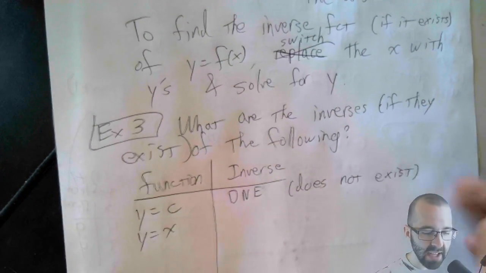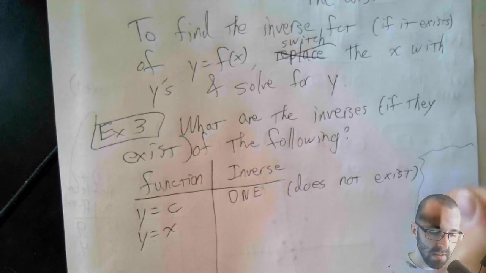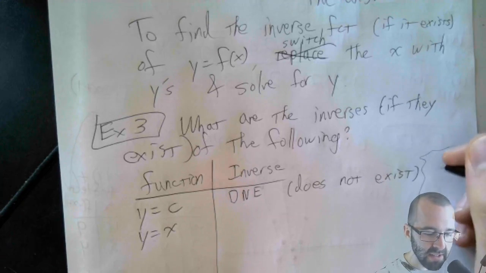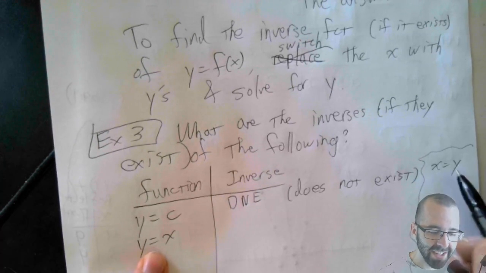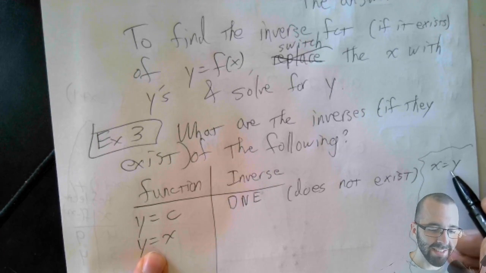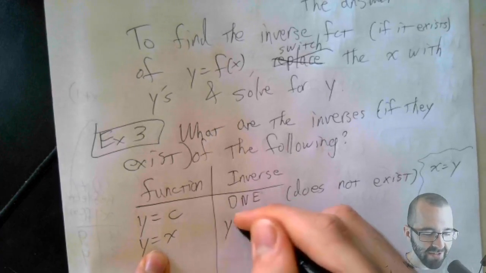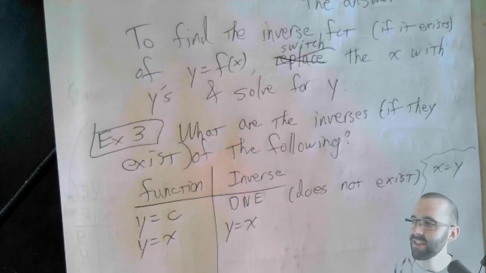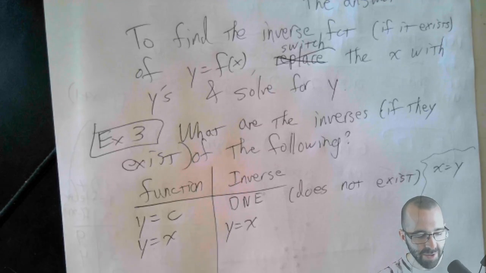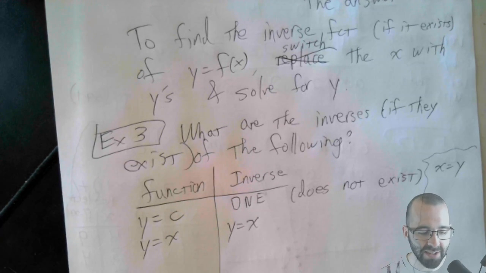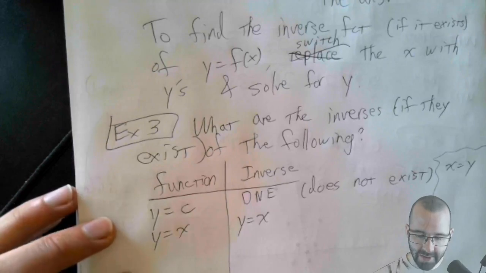Well, if we switch the y's and the x's, we get x equals y. Right? This is itself. The inverse function of y equals x is actually just y equals x. Okay?